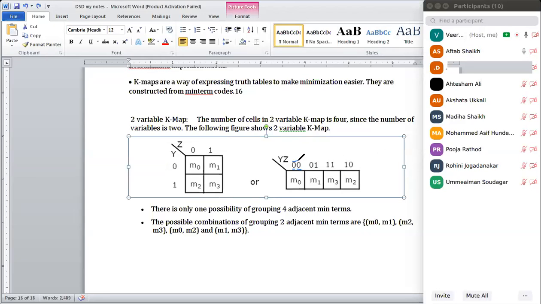Here what I have is 0 and 0. The next term of this combination is 0 and 1. What has been changed here? Only z has been changed here, correct? Yes. Y is remaining as it is. Only the z value has been changed here. Check for the next term. What are the values of y and z?